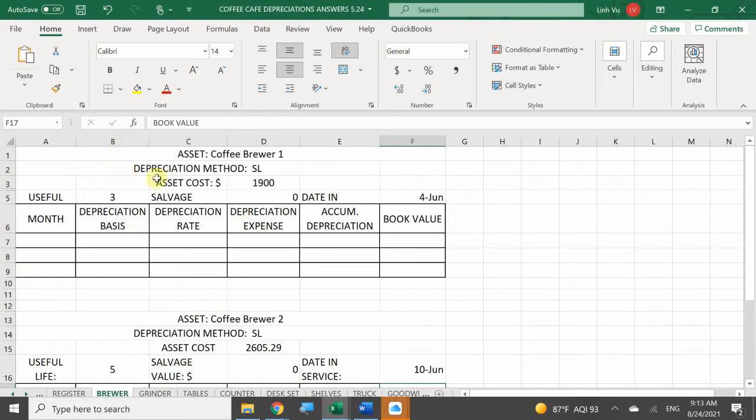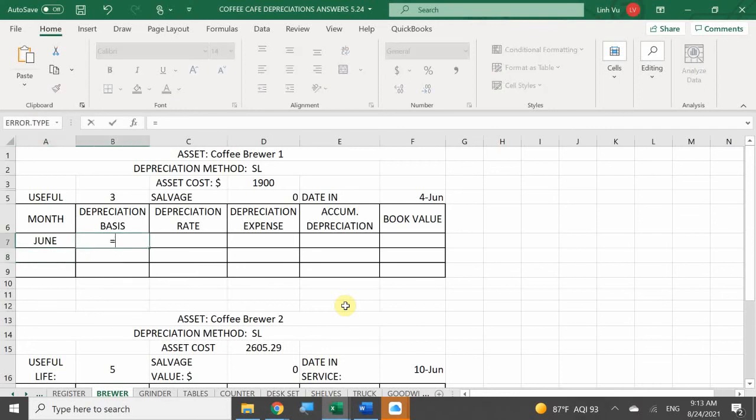So here we have all the information that we need in order to be able to solve the depreciation. So in this case, we're doing it for the month of June. Okay. What's my depreciation basis?